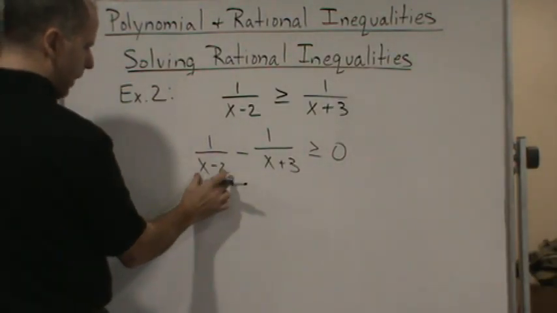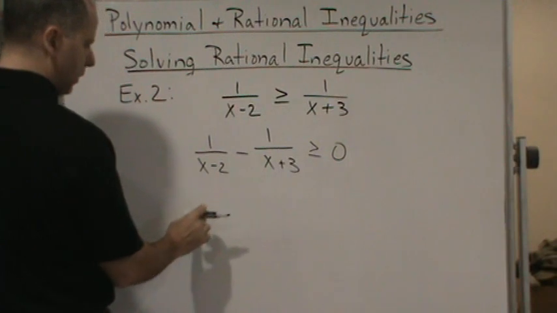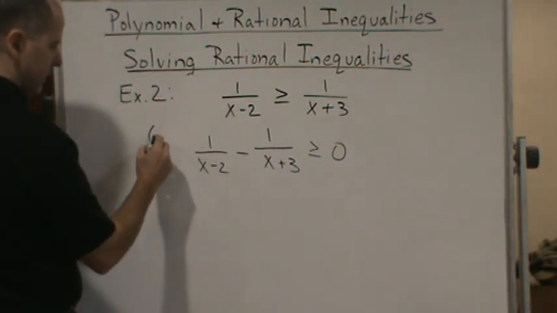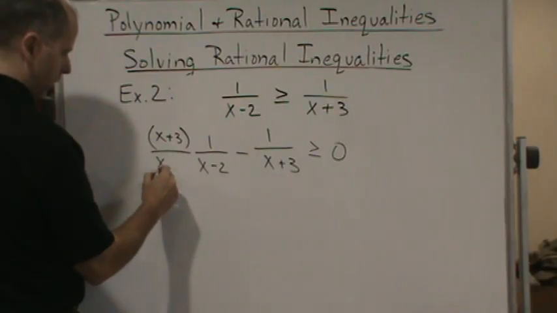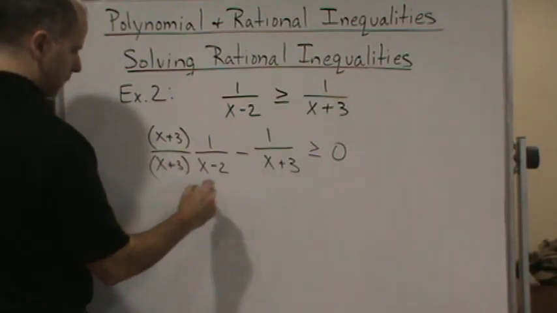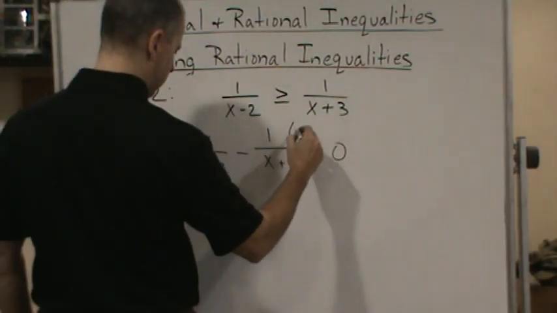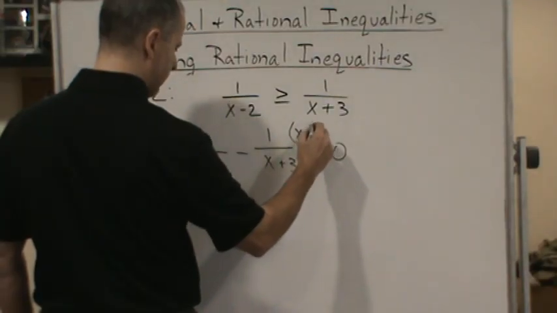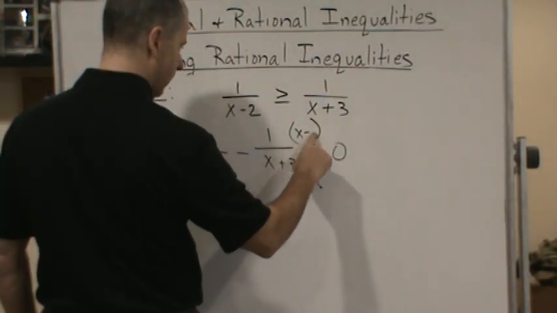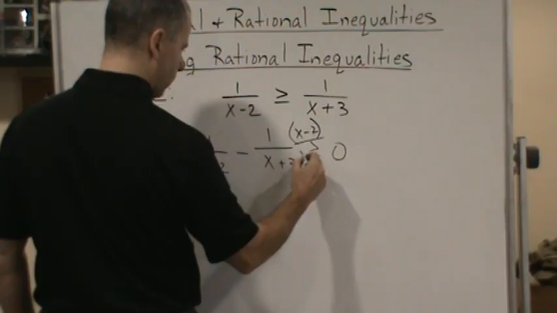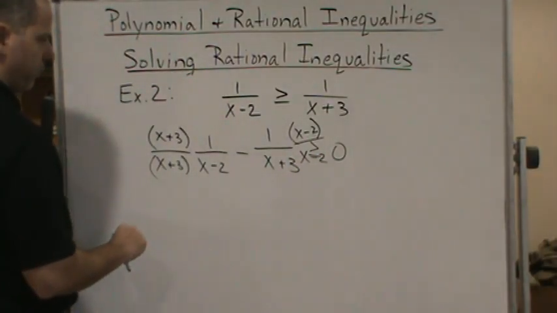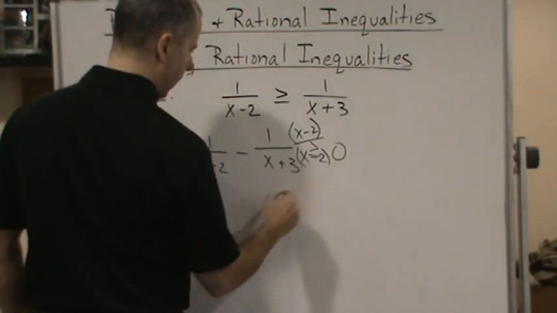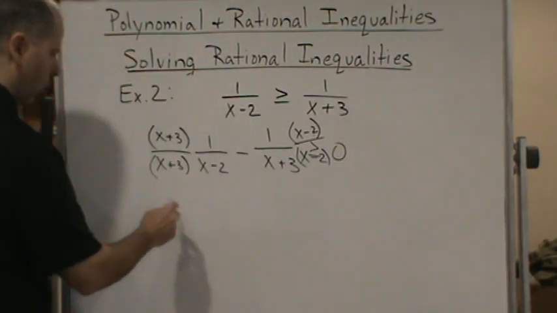So I've got x minus 2 here and x plus 3 here, so I'm going to multiply this side by x plus 3 over x plus 3, and then over here I'm going to multiply by x minus 2 over x minus 2, right? So what's going to happen?